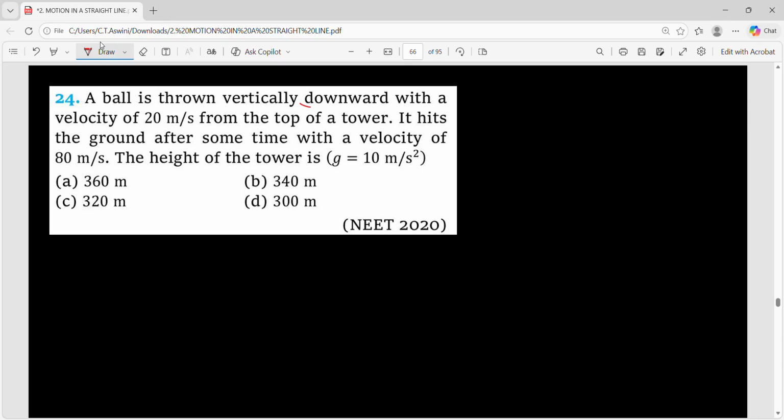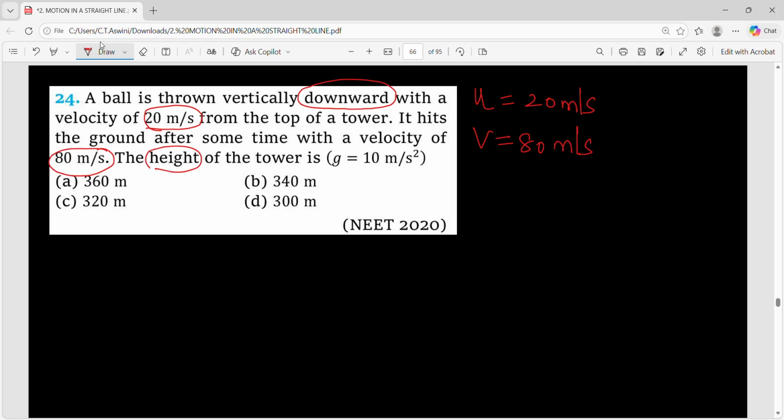A ball is thrown vertically downward, fine, with a velocity from the top of a tower. So what is the initial velocity here? Initial velocity is 20 meter per second. It hits the ground after some time with a velocity. That means what is the final velocity of the ball? It is 80.